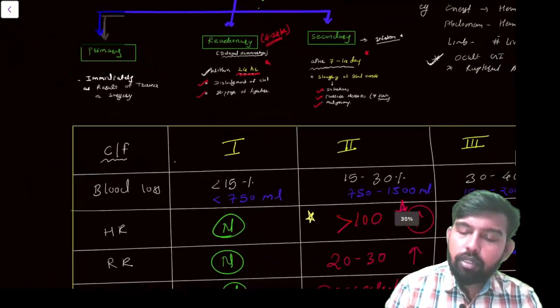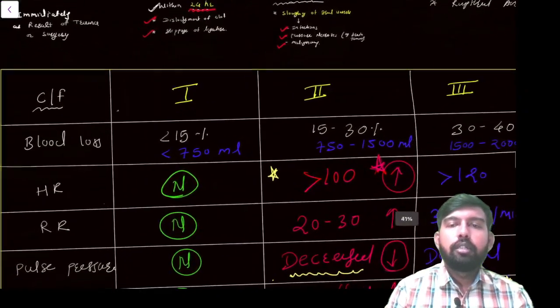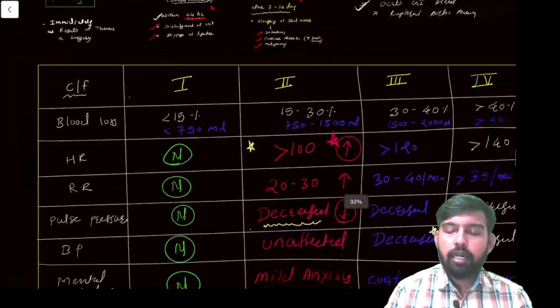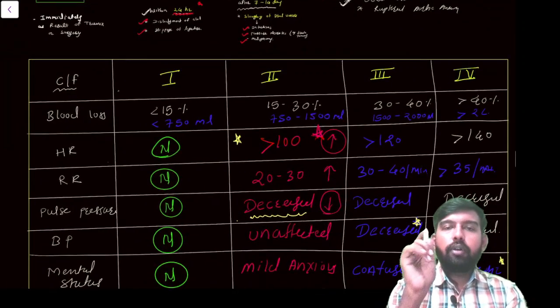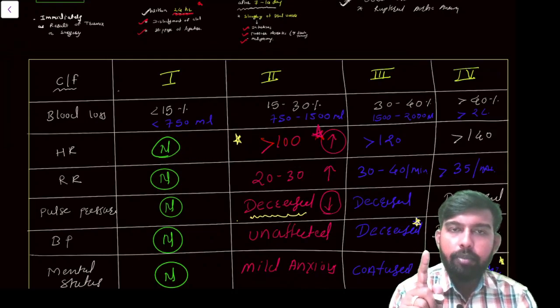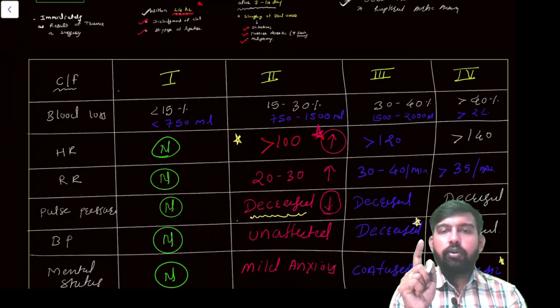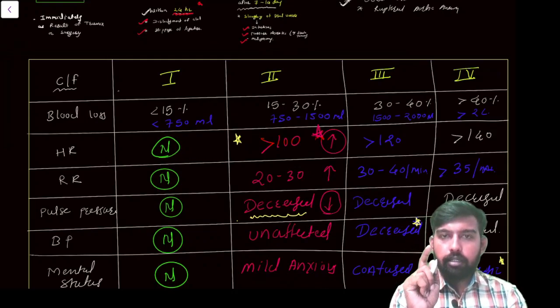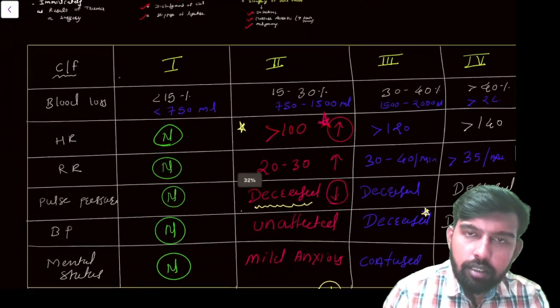So depending upon the amount of blood loss, hemorrhagic shock is categorized into 4 categories, and this could be the most important chart or table in this chapter. Many questions can be asked regarding this chapter on the basis of this chart.